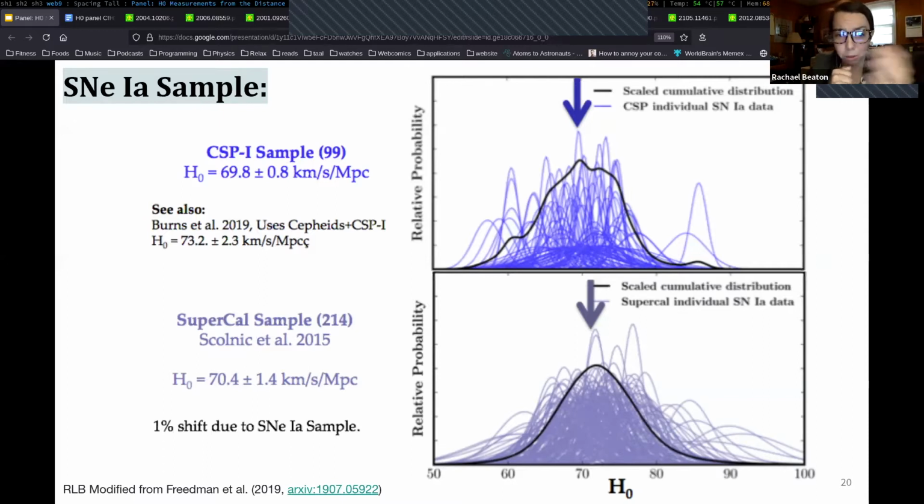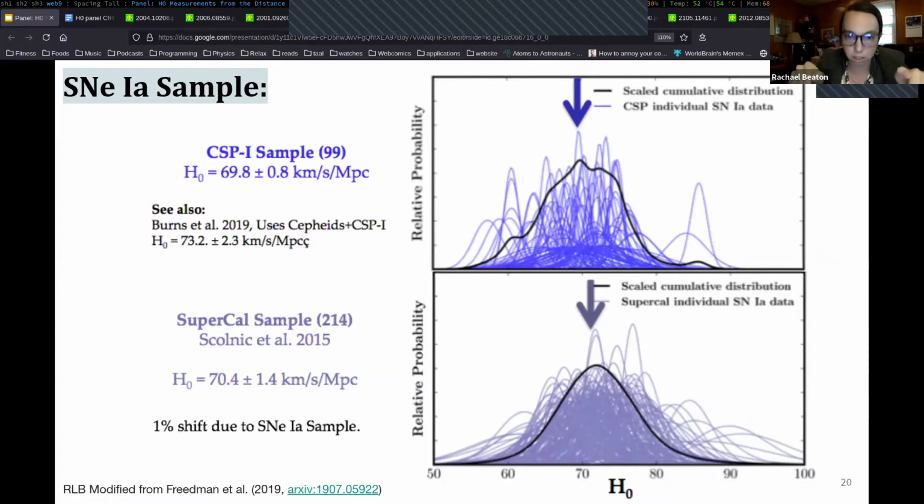But in Freedman et al. 2019, we actually tried our calibration of the TRGB galaxies with both supernova samples. This plot shows on the top the Carnegie Supernova Project using our TRGB distance calibration, and the bottom plot is the SuperCal sample, also using the TRGB calibration. Those big thick arrows show where the mean is.